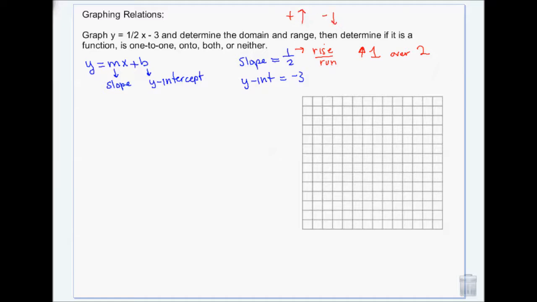Okay. So to graph this, first we need to give ourselves an x and y axis. We're going to start at our y-intercept, which is -3.